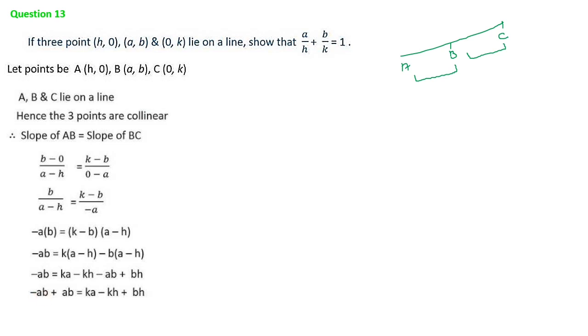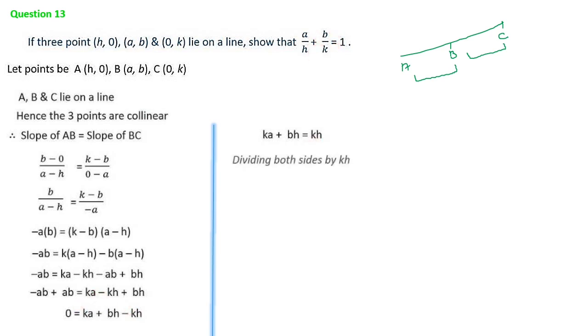Then this minus ab on the left side comes to the right side as plus ab: ka minus kh plus bh. Then on the left side it is 0, because minus ab plus ab with opposite signs cancel. Then ka plus bh minus kh. Then we bring this kh to the left side. That means ka plus bh is equal to kh, bringing to the other side.